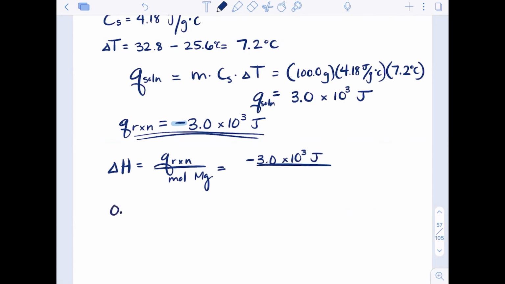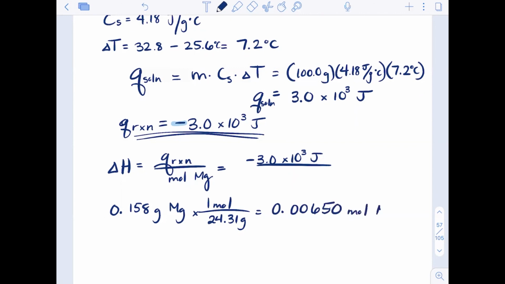We had 0.158 grams of magnesium. If we look up on the periodic table, the molar mass is 24.31 grams. So what does that mean for moles? Very, very small number, 0.00650 moles of magnesium.